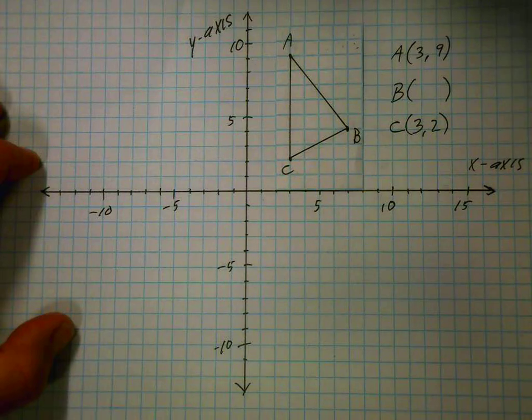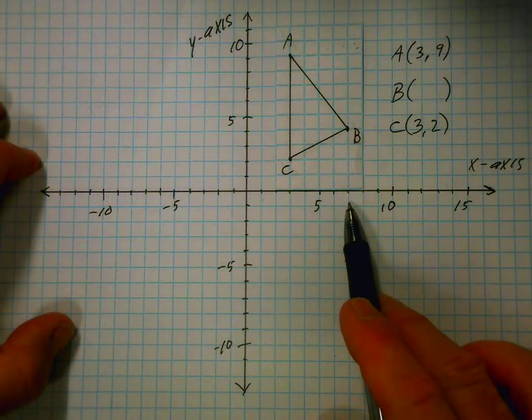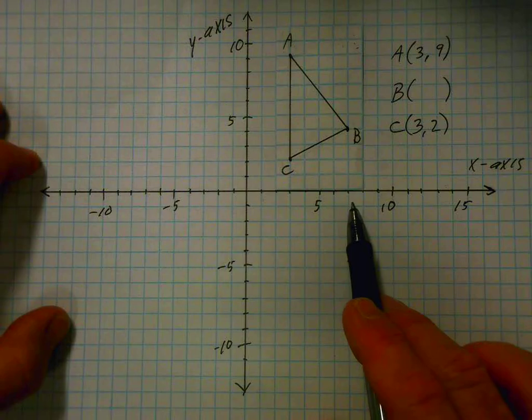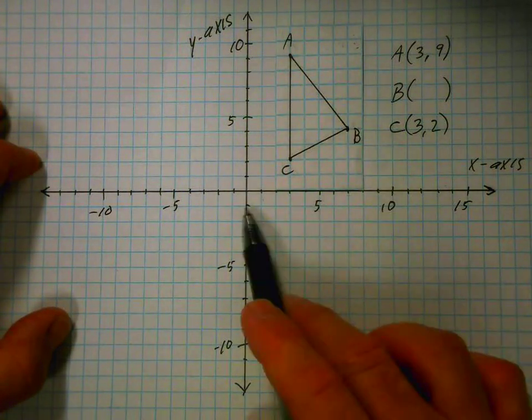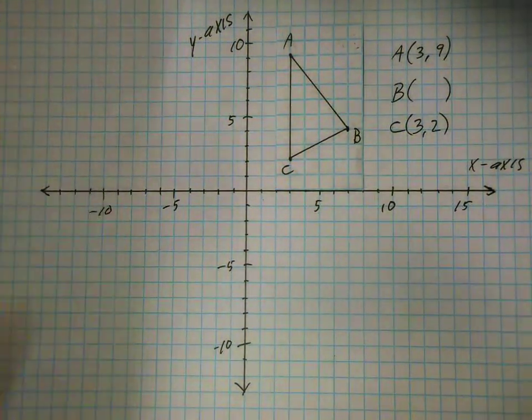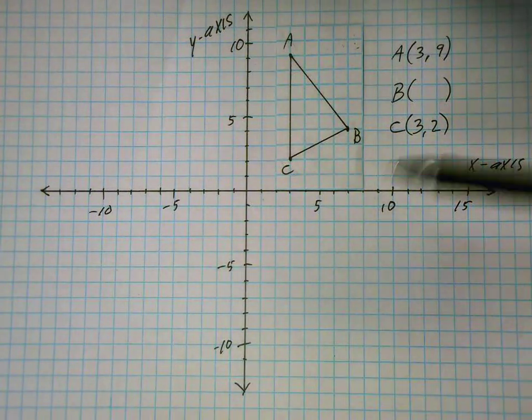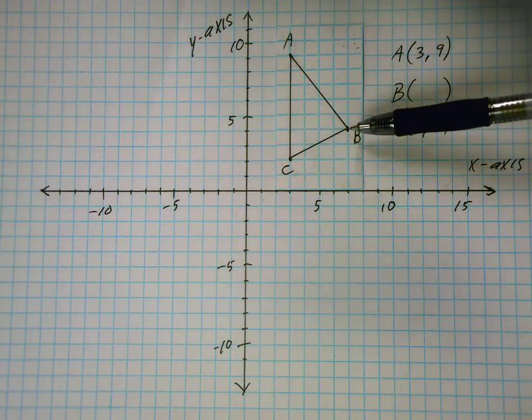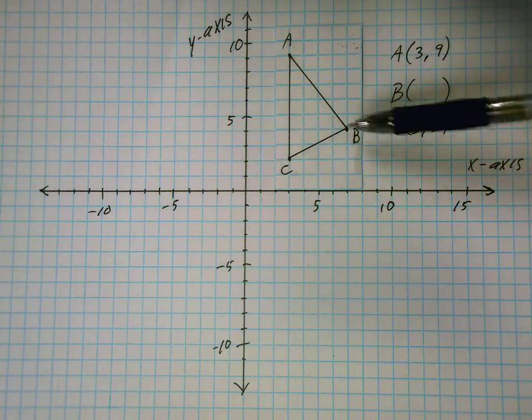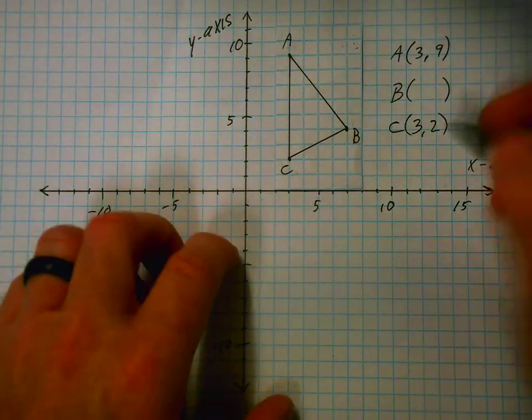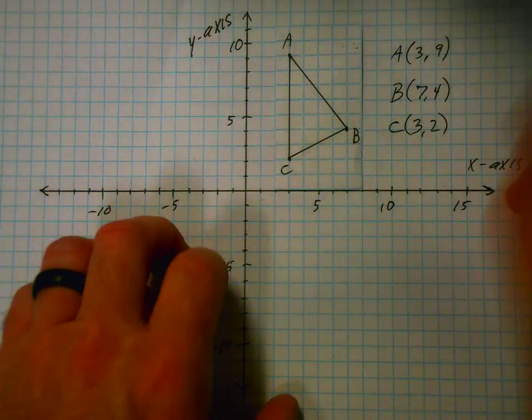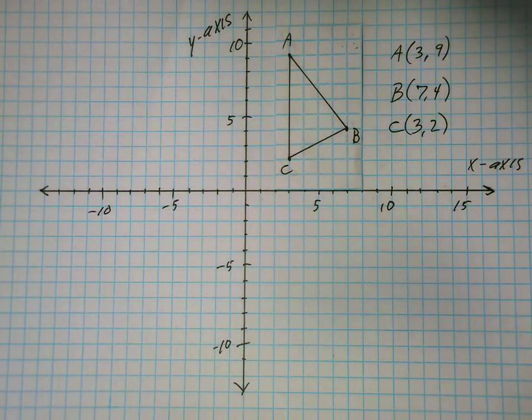It's at 7, 4. When I say where's B, a lot of people say B is out here by 8, but we're talking about the point. Where's the point? It's at 7, 4. So I'm going to mark that down here, and I want you to do that as well. If you're working on this at home, you should also draw this. I should have said that at the beginning.